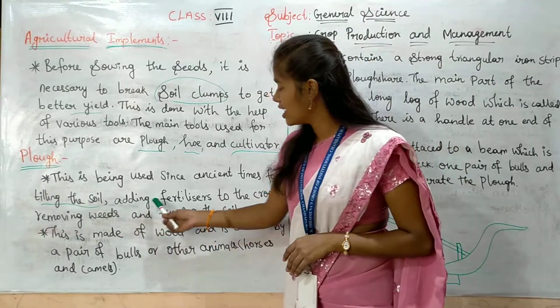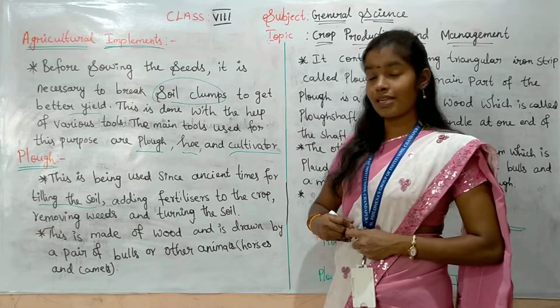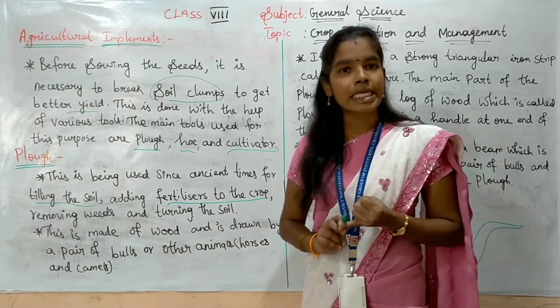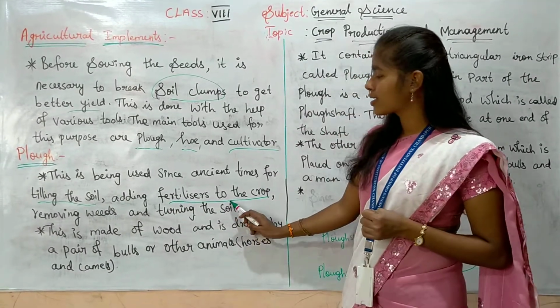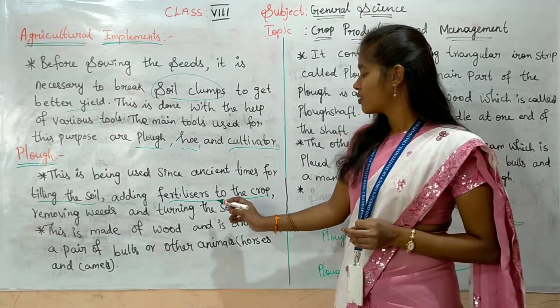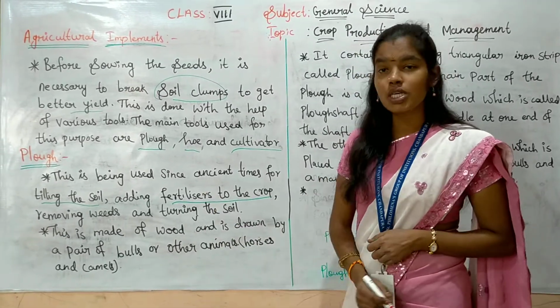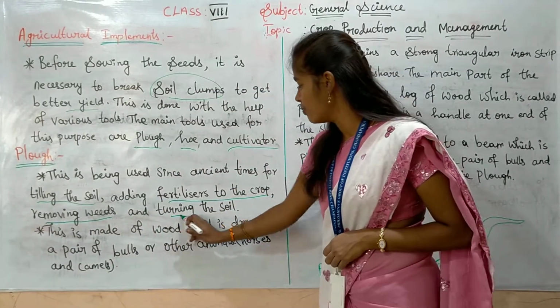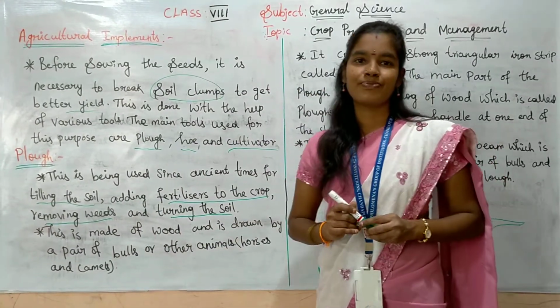Second is adding fertilizers to the crop, and removing weeds and turning the soil.